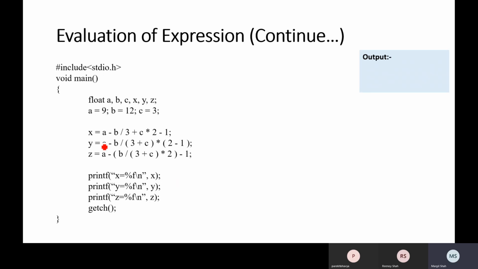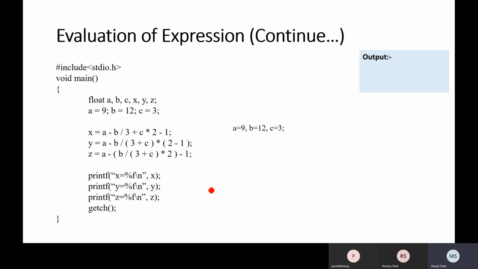I have assigned these values, and then suppose this is my expression. How will this be executed? From a mathematical point of view, we know that division is executed first, then multiplication, and then addition or subtraction. So let's see how C will execute it.